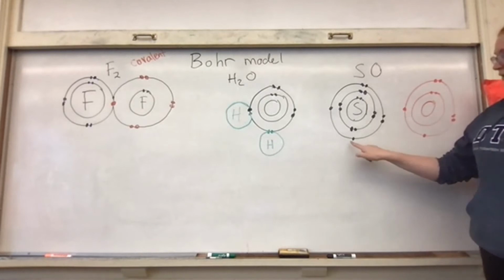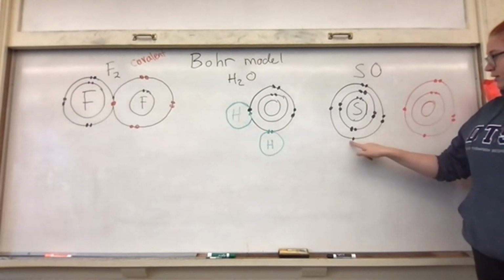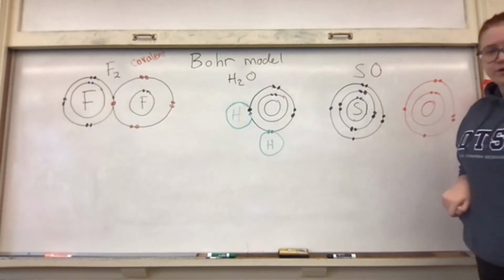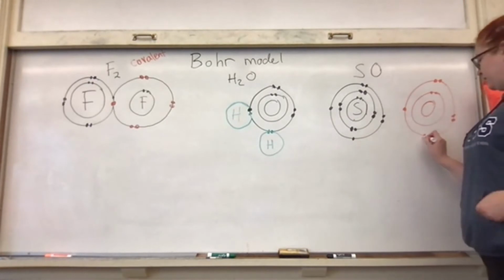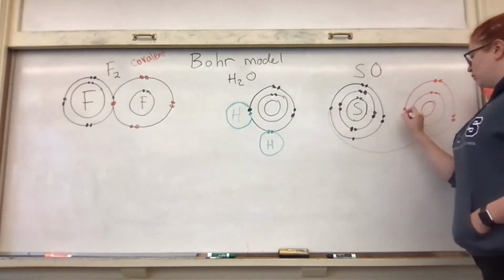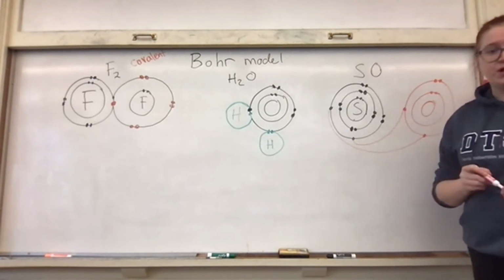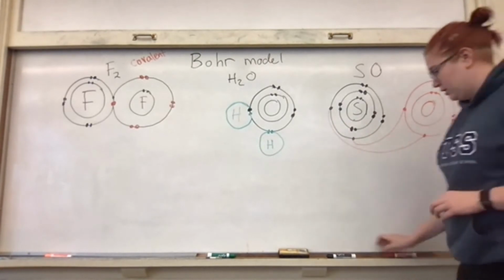Okay, so you can see here, sulfur wants 2 more electrons to have a full shell. Oxygen also does. So they're basically forming a double bond by sharing all of those electrons.